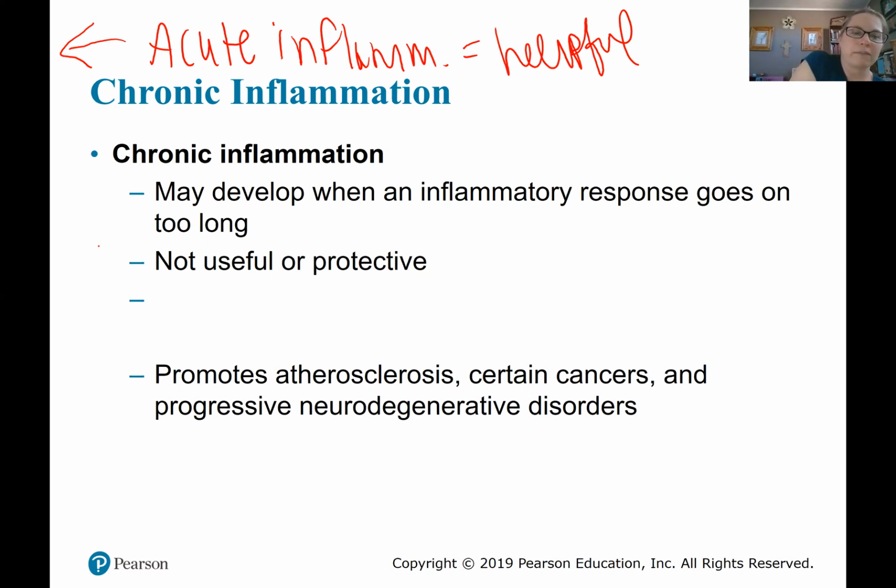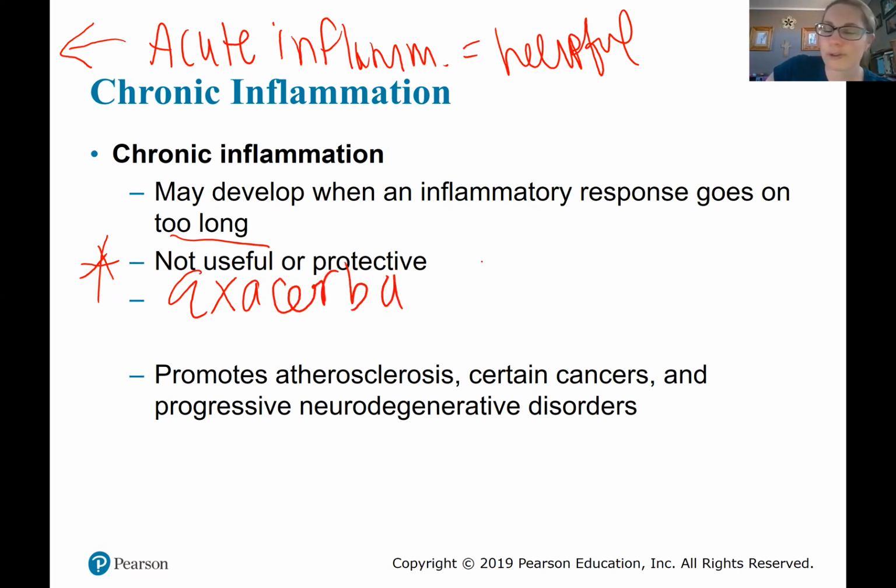However, chronic inflammation, or long periods of time where a person is experiencing inflammation, is not helpful, and it's actually quite harmful. It can exacerbate, oh my gosh, make the injury worse.